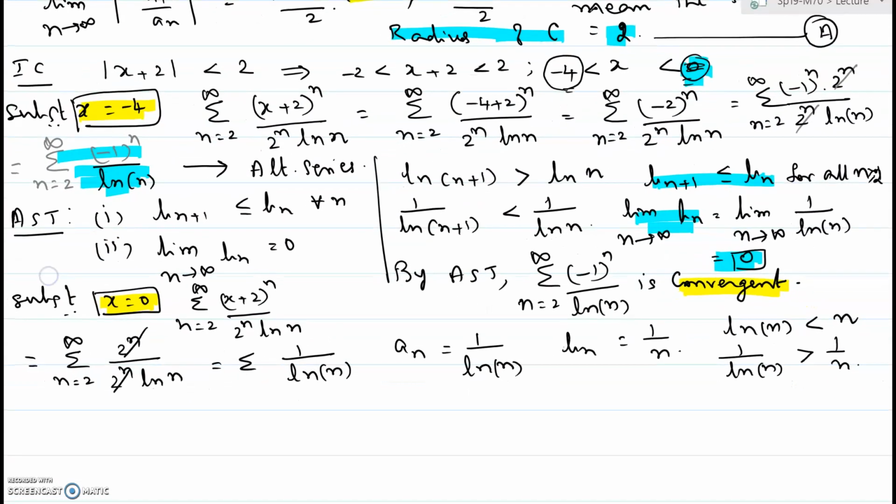If we consider sigma of b sub n, which is sigma of 1 over n, a p-series or harmonic series with p equal to 1, it is divergent.